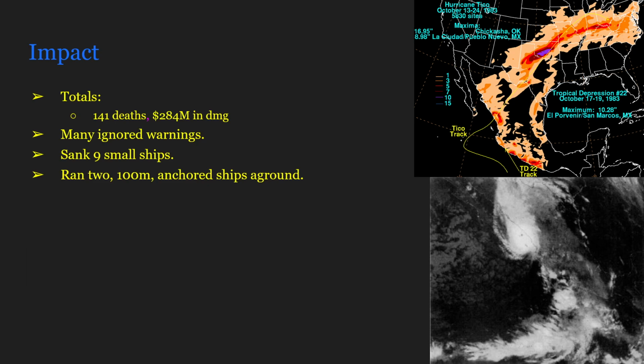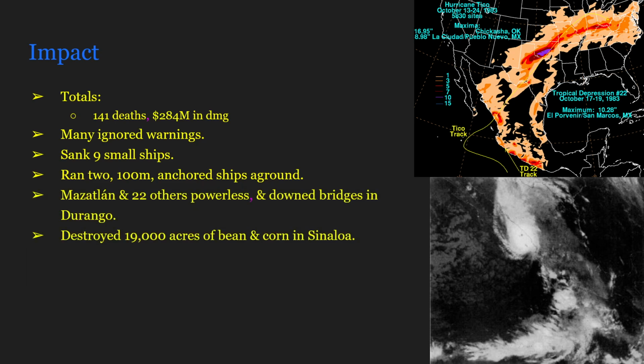Tico is responsible for sinking 9 small ships and running 2 100-meter long anchored ships aground, causing Mazatlan as well as 22 other cities to become powerless, however, thankfully for only a day, and it downed many bridges in Durango.